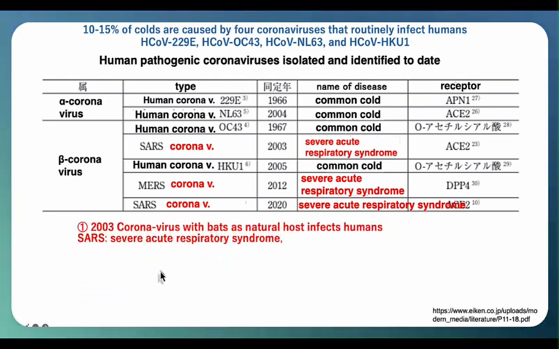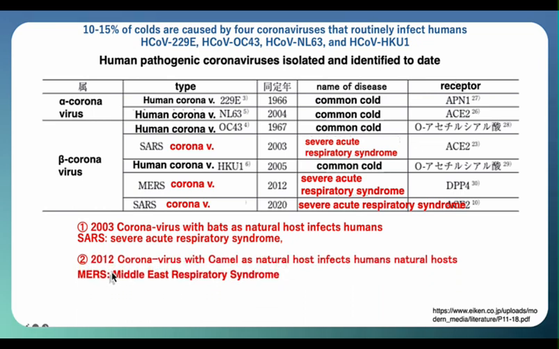On the other hand, in 2003, a coronavirus that seemed to use bats as its natural host infected humans. When a person is infected with a coronavirus whose natural host is not a human, he or she can develop a very serious respiratory illness. In 2012, a coronavirus whose natural host was the camel infected humans and was named Middle East Respiratory Syndrome, or MERS, because it spread primarily in the Middle East.